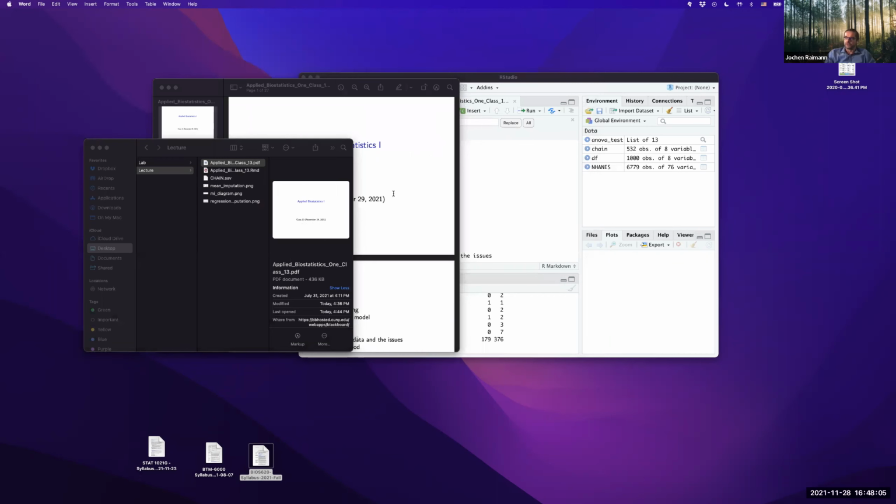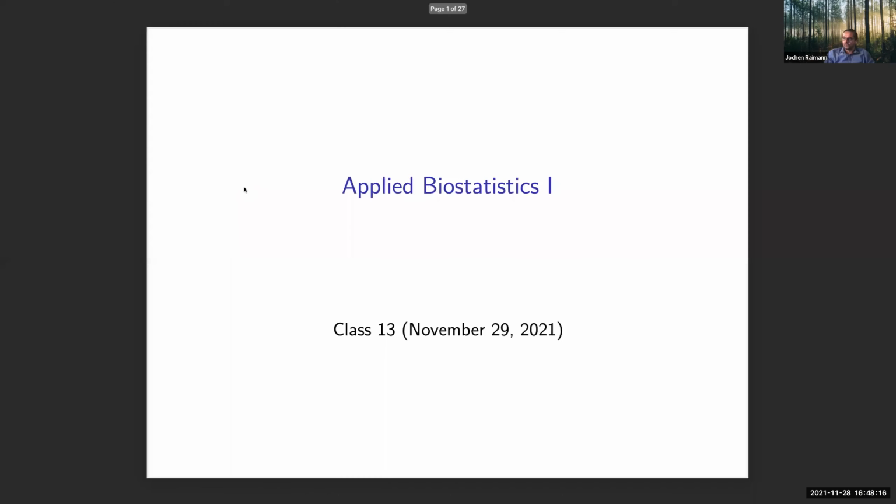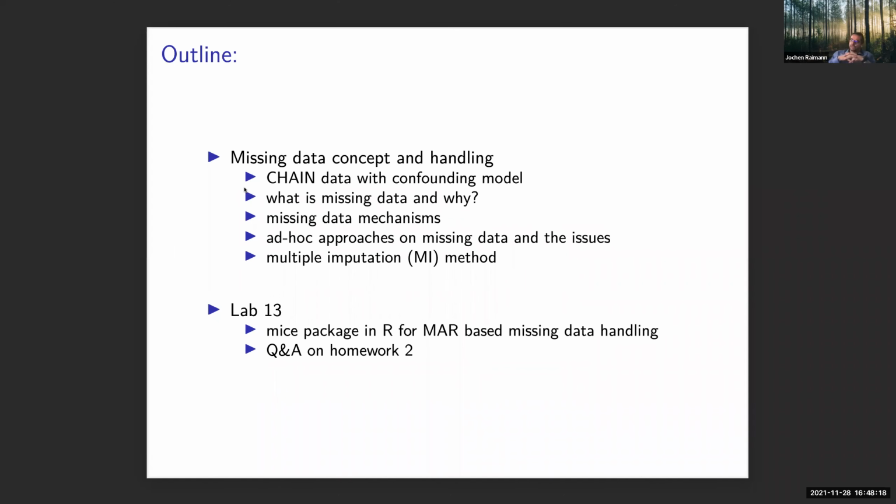Okay, so this was to look at the syllabus, and now we're going into class 13. We are now getting started. This is the last class, class 13. We're looking at the chain data in a confounding model. We're looking at concepts of handling of missing data.